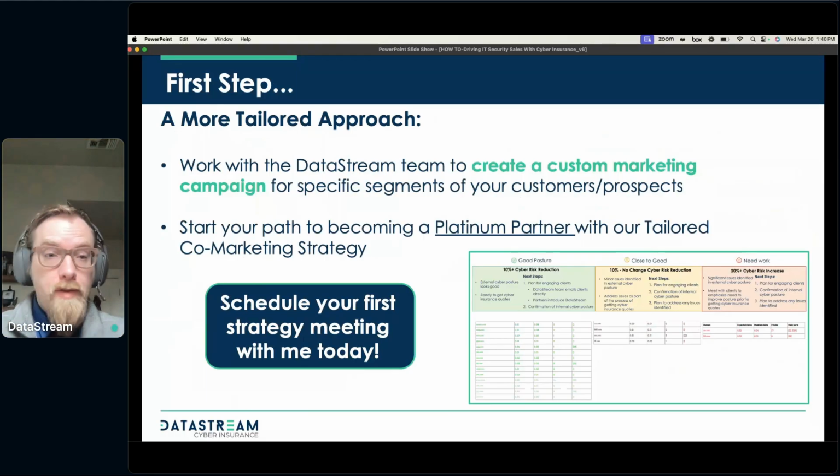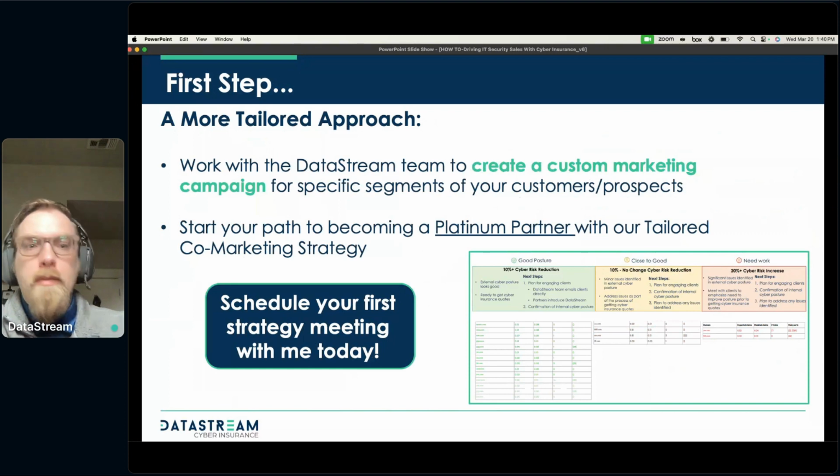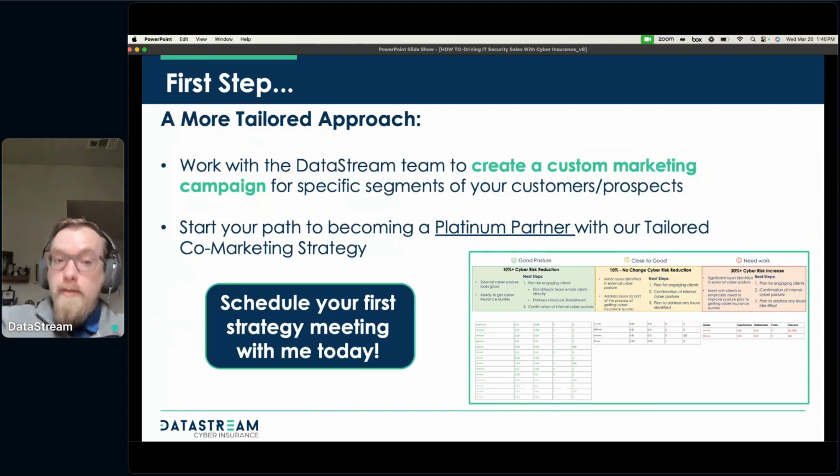So if you had a specific tool this year that you wanted to focus on, say you added a new MFA product to your cybersecurity stack, we could create a nice email campaign or maybe a webinar that specifically addresses that and could then be used to target that segment of your customer or prospect base that has not crossed that line yet, maybe for MFA, right? Or whatever the case may be.